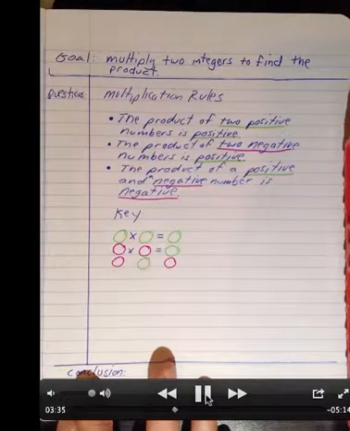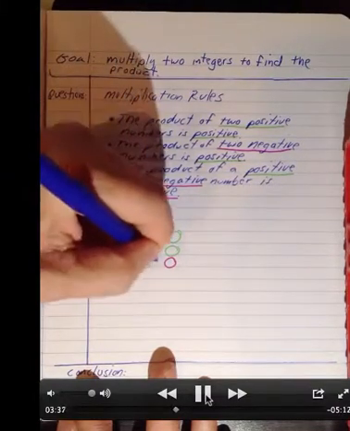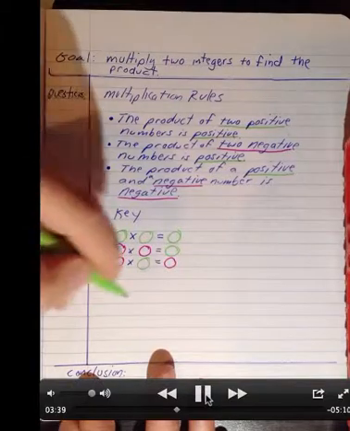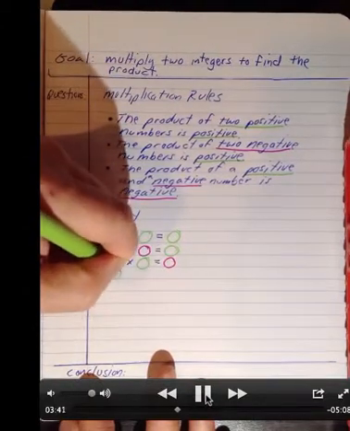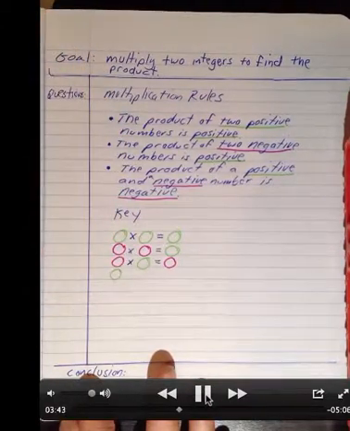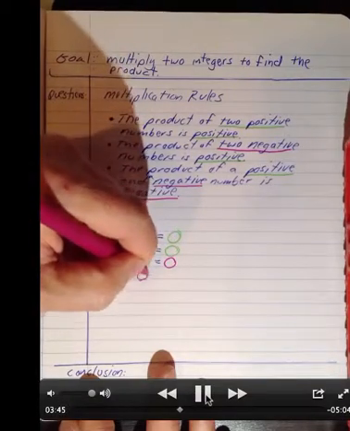A negative number times a positive number is a negative answer. And a positive number times a negative number will result in a negative answer.